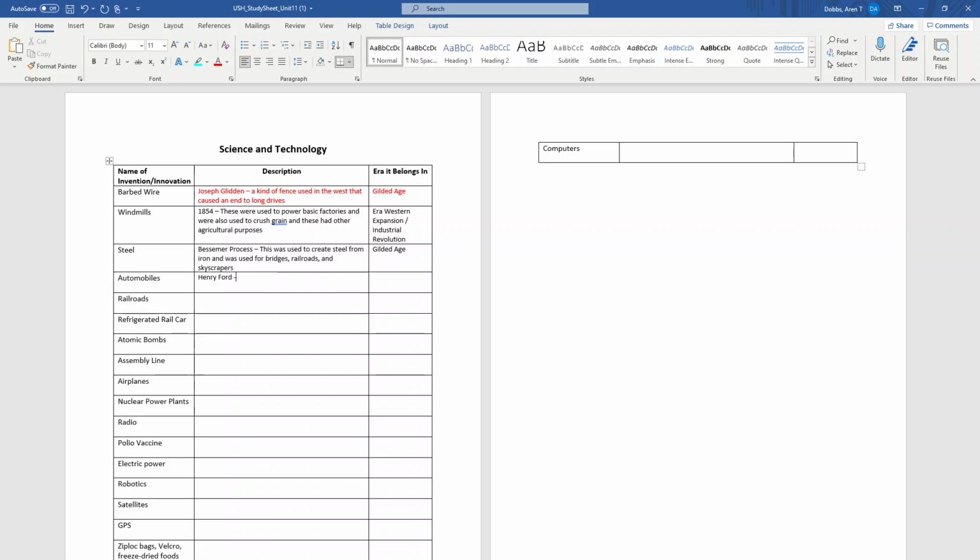This happens Gilded Age into the Progressive Era.